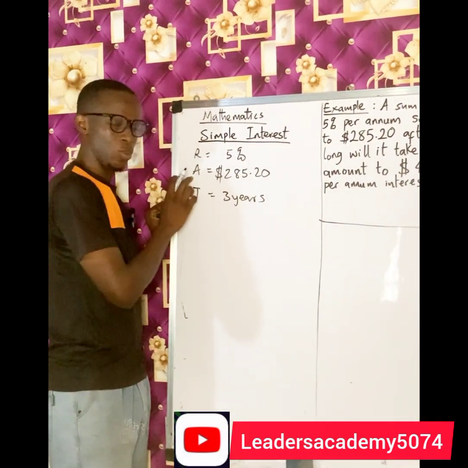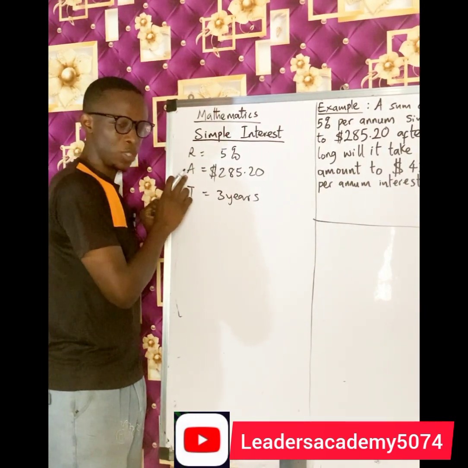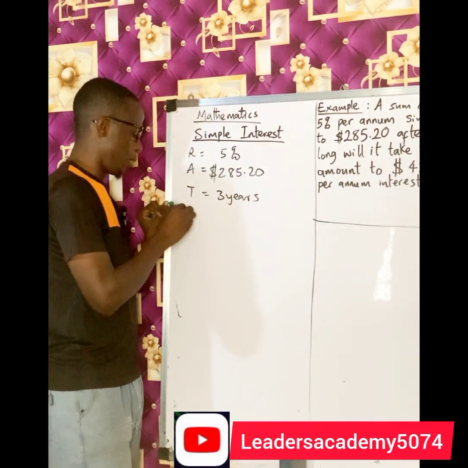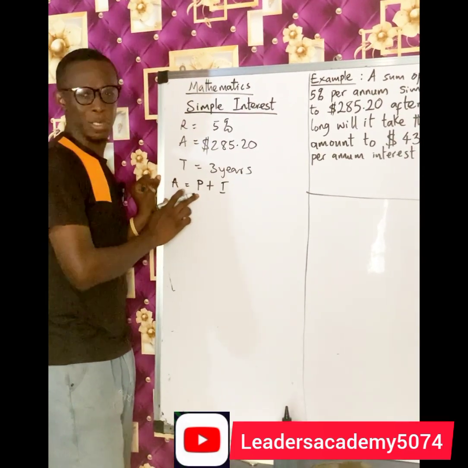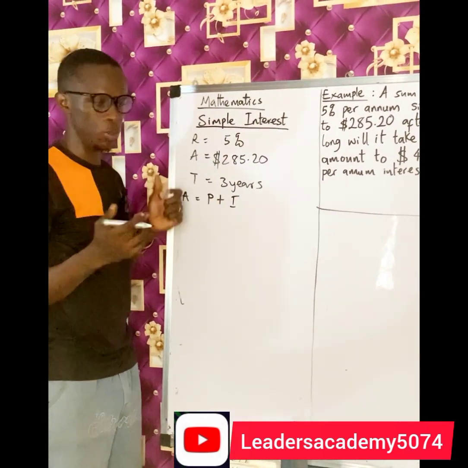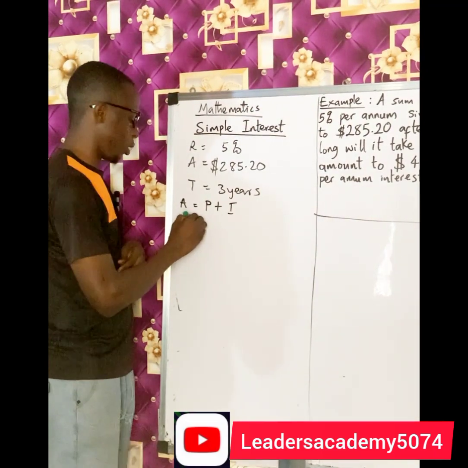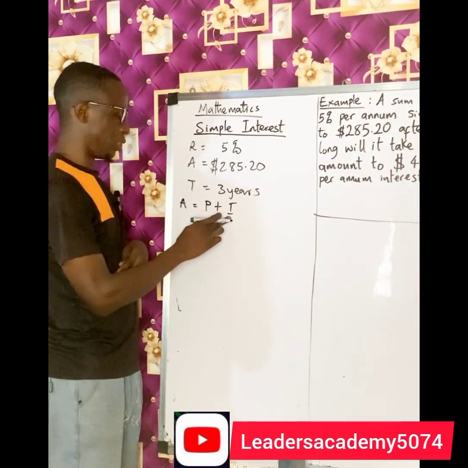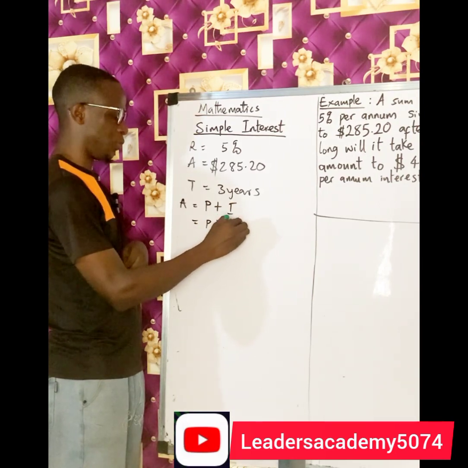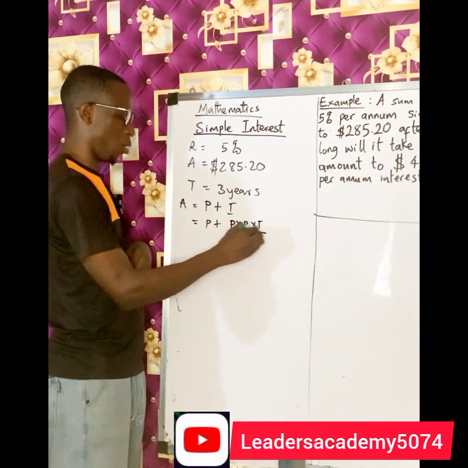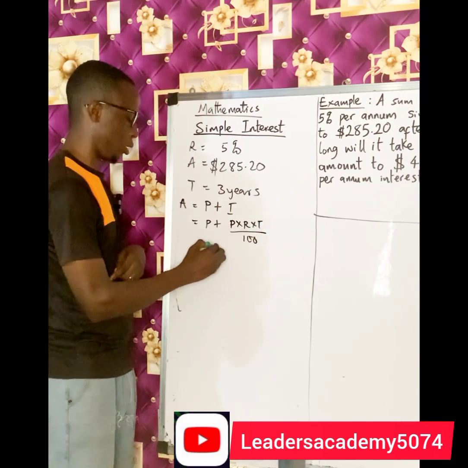Because amount is principal plus interest. We don't know the principal, do we? No. So we say principal plus the interest. The formula for interest is principal times rate times time all over 100.